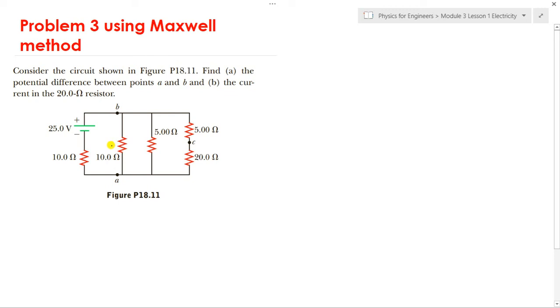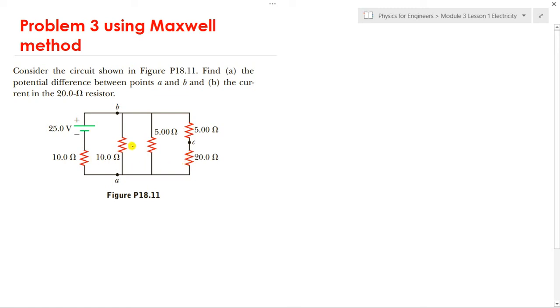In our previous example, the three currents were specified, but if you really want to reduce the number of currents here, it will take a lot of time. The most basic approach is to assume that this 10 ohm has its own current, the second 10 ohm has its own, and so on and so forth. This 5 ohm, 5 ohm, and this last 20 ohm.